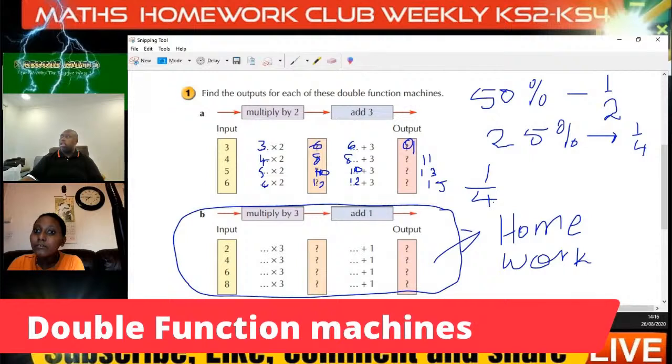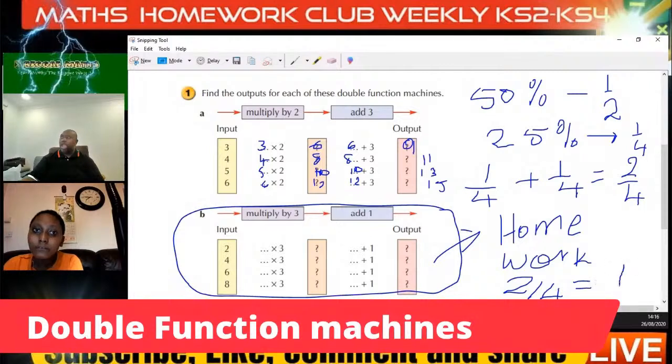A quarter plus a quarter equals to what? 2/4. Well done. And what did we say 2/4 is the same as? A half. Excellent. Very, very good.